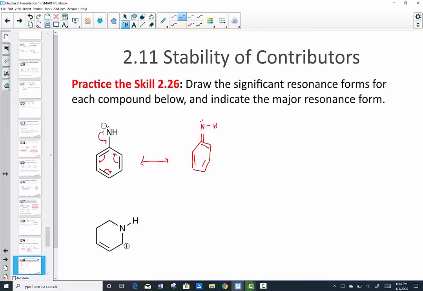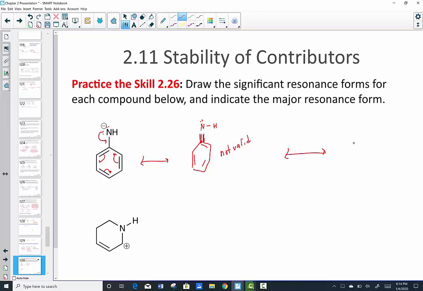So which is the major contributor? 1, 2, 3, 4. 1, 2, 3, 4, 5. That's not valid. How did I know that's not valid? Because this gives me 5 bonds on this carbon. So that's not valid.